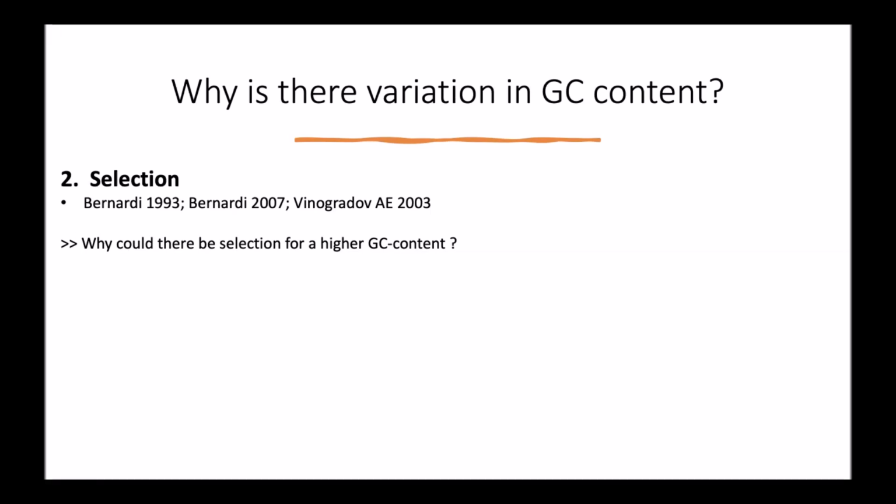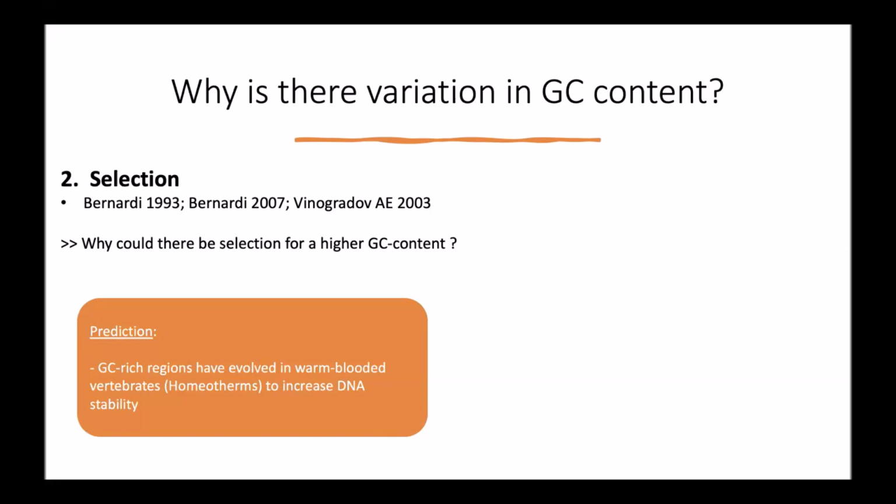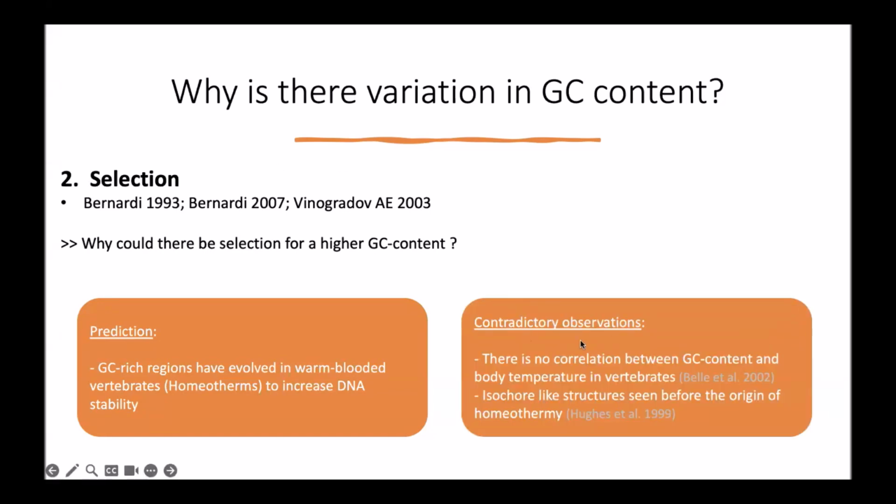So people suggested we favor higher GC content because warm-blooded vertebrates, homeotherms, want to increase DNA stability, since the GC bases are more thermally stable compared to the AT bases. There were at least two contradictory observations.